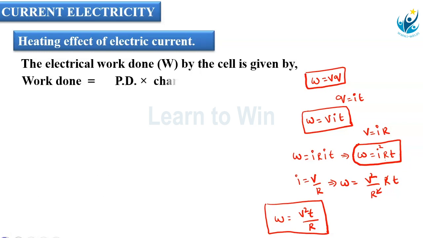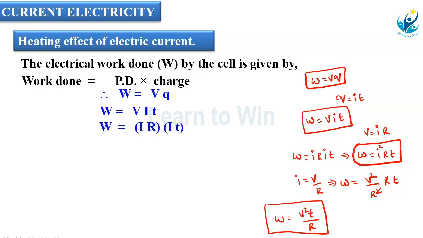Work done is equal to potential difference V into charge Q. Potential difference into charge. Therefore, W is equal to VQ, first formula. Next, W equal to VIT. Why? Because Q equal to IT.